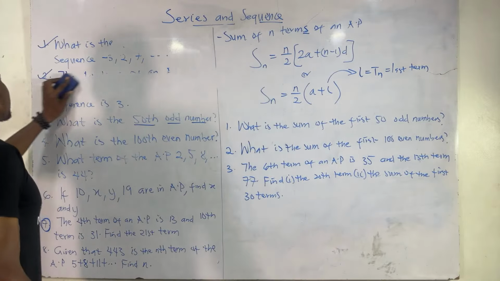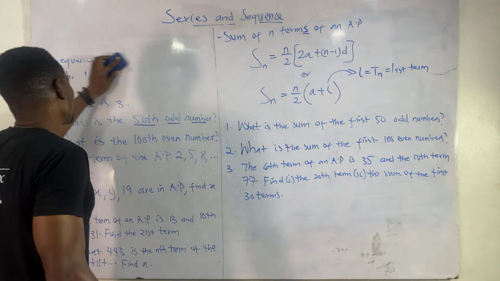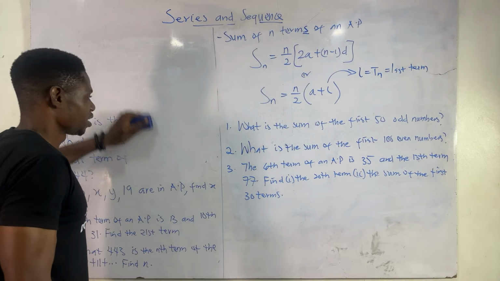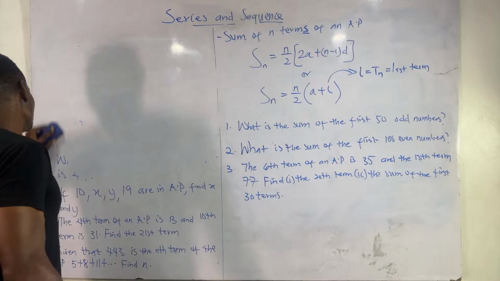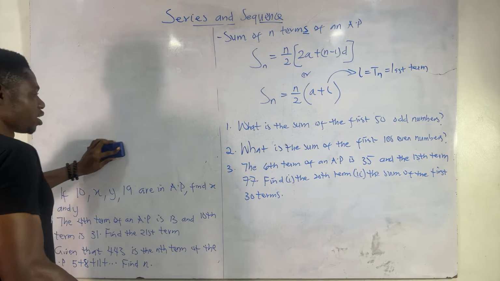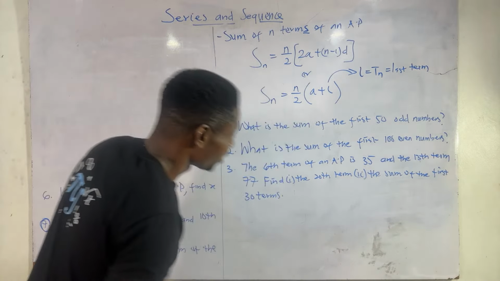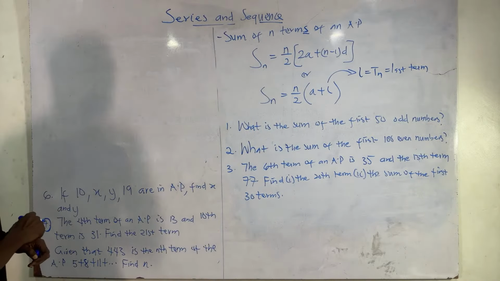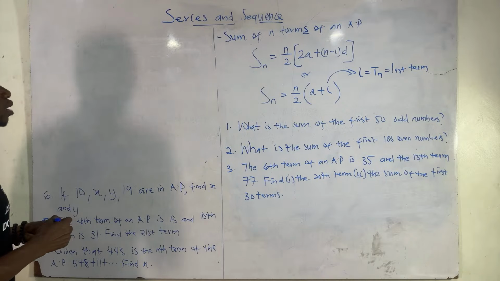I need to do 1 or 2 so that you get familiar with how the formula is used. Let me do 1 and then you do 2. If you can do 1, you can do 2 because they are of the same category. So it says find the sum of the first 50 odd numbers. Is this clear?